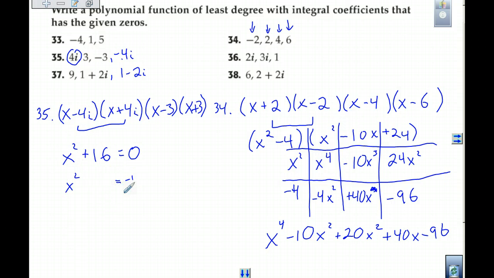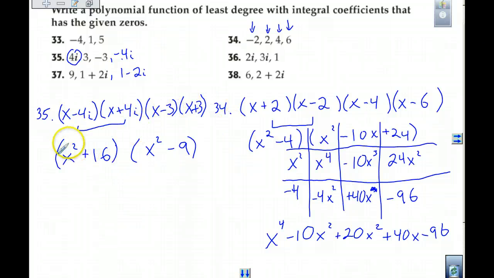We would get x squared equals negative 16, take the square root of both sides, we get plus or minus 4i. So remember, we're just doing the backwards of this. And this one would be x squared minus 9. And then those two, we'll have to do a box to find out what our 4th degree polynomial is.